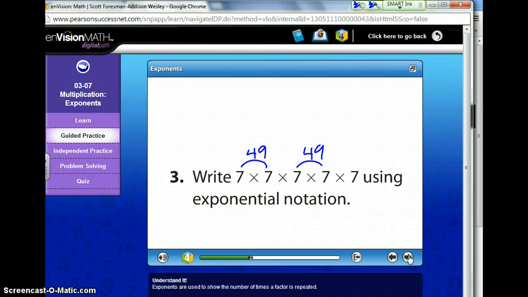Nobody in this room can do that in their head, right? Don't make the mistake of trying to add them. It's not adding. So we need to take 49 times 49 times this last 7. So I'm going to start with 49 times 49. You all do the same on your iPad.